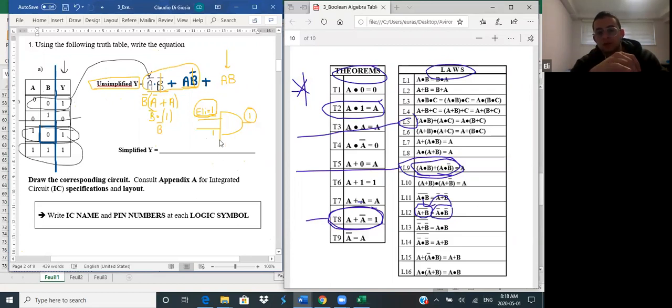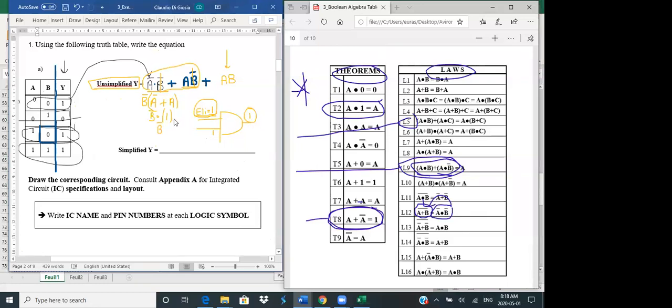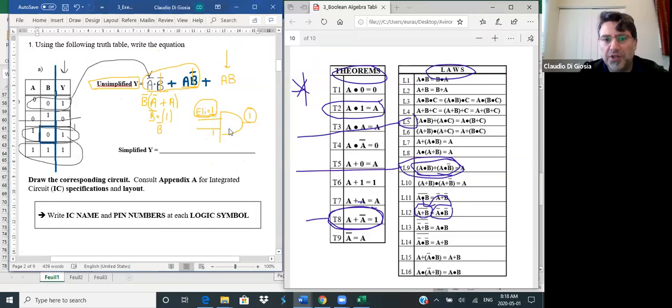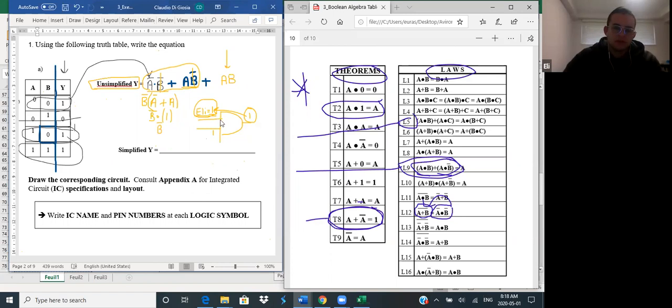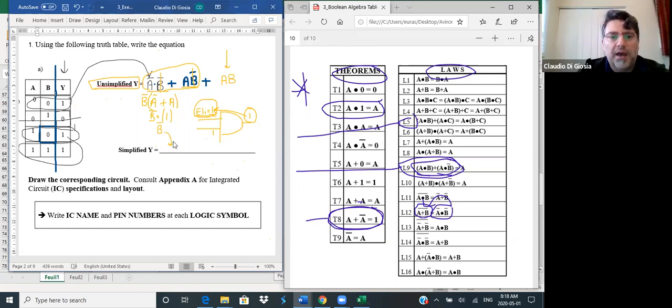This is an AND gate. One of the legs is a 1, the other leg is a variable. Because of what I've just showed you, the output will always be whatever the variable was. That's why it makes the 1 negligible. Okay, fine. So now I'm going to bring this B naught down.